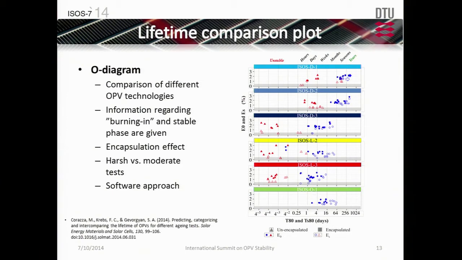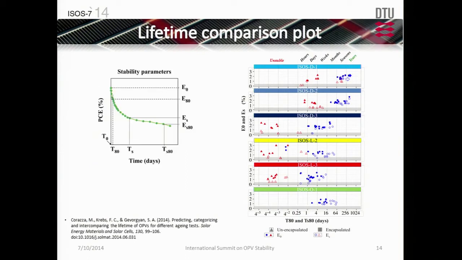And on the y-axis, we have initial performance and stabilized performance. So when we take a point which is filled, I'm sorry, this is very small, I don't know if all of you can see it. When we see one point which is filled, this gives the initial performance, so E0, as a function of T80 on the scale. So we have information about the initial part and the burn-in phase.